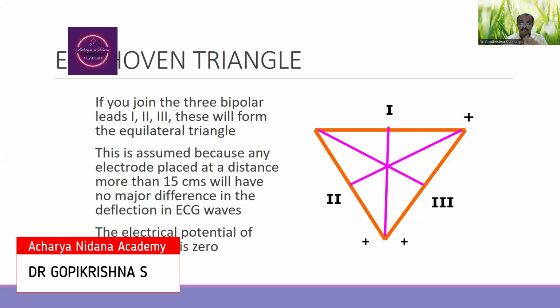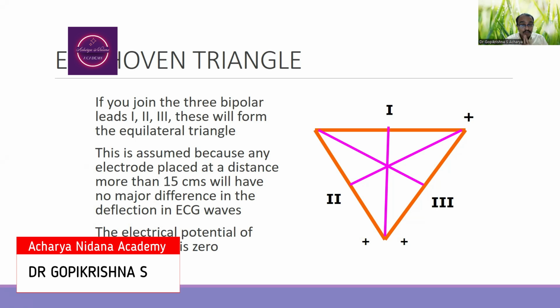Based on that, the electrodes placed on the right arm, left arm and left leg are said to be at equal distances, forming an equilateral triangle.